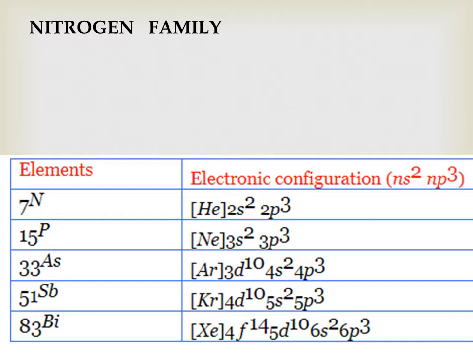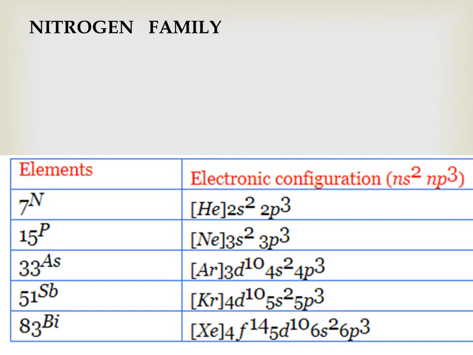My dear students, the condensed electronic configuration of the nitrogen family is: for nitrogen it is helium 2s2 2p3, for phosphorus it is neon 3s2 3p3, for arsenic it is argon 3d10 4s2 4p3, for antimony it is krypton 4d10 5s2 5p3, and for bismuth it is xenon 4f14 5d10 6s2 6p3.